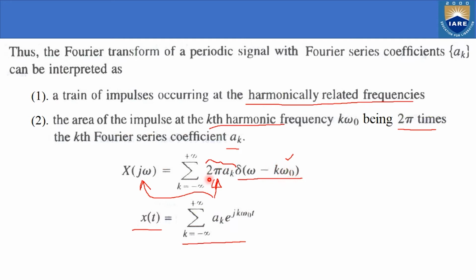The impulse amplitude is 2 pi times the kth Fourier series coefficient ak. Okay. That means the Fourier transform follows the Fourier series coefficients basically.